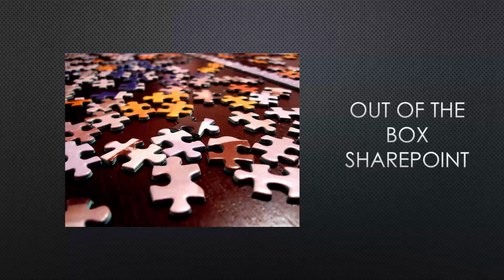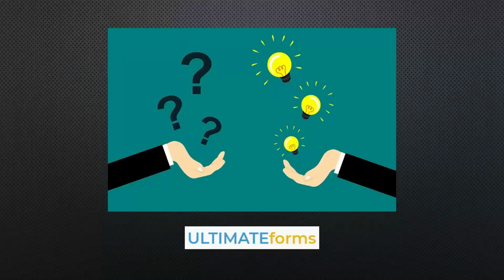It doesn't give me the options I need to make what I call smart forms. Ultimate Forms really is about providing you all of those things that you need in order to accomplish that mission. As I mentioned, it's a toolkit. It adds all those capabilities that you're going to need to be able to do what you want in your SharePoint environment.